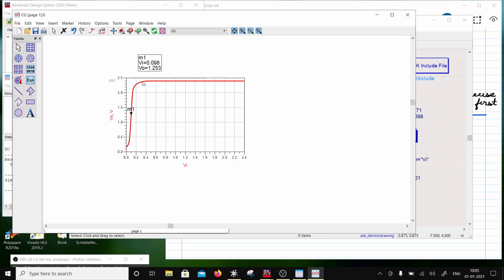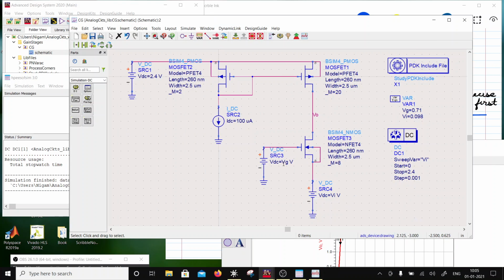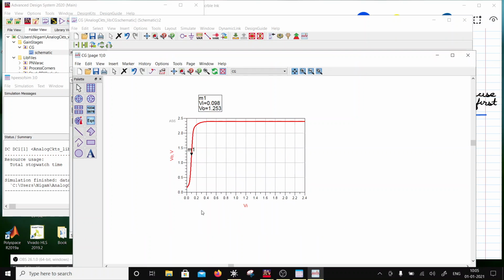Okay, so the issue here is the upper limit of the swing is VDD minus V overdrive, but the lower point in the swing is decided by VG minus VT minus V overdrive. So if I increase VG, then this lower part of the swing is going to move up.